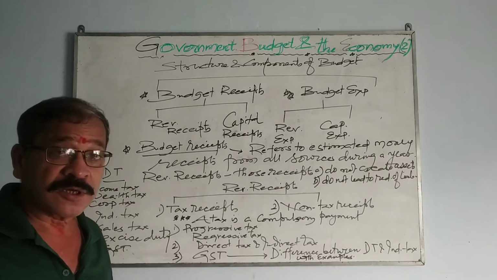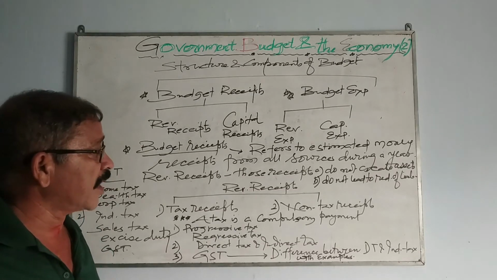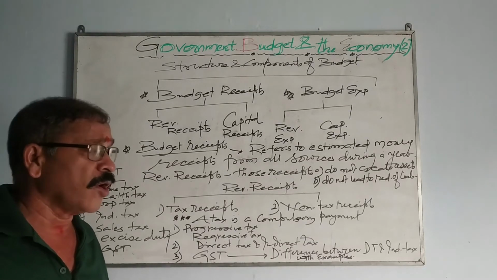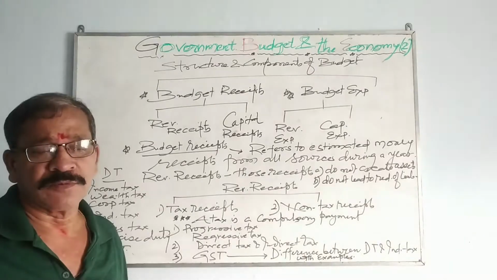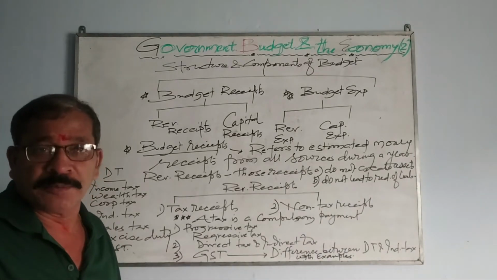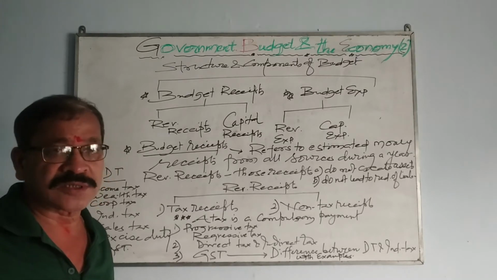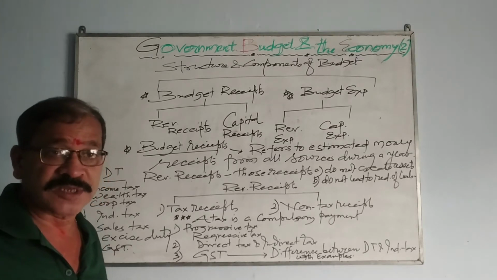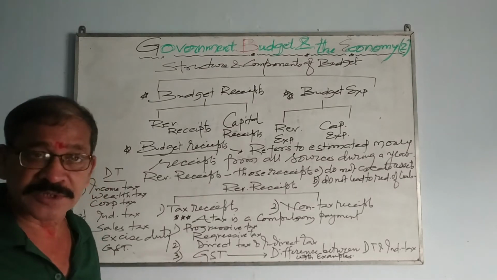There are various sources from which the money comes into the treasury of the government, and all those sources from where the money comes in are known as budget receipts.